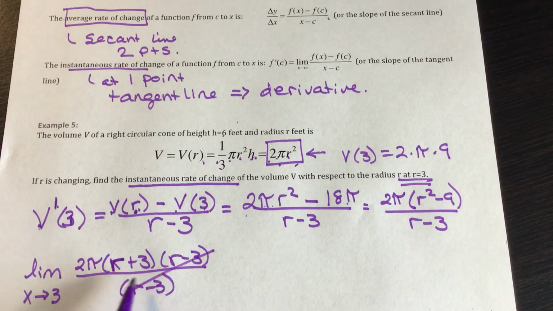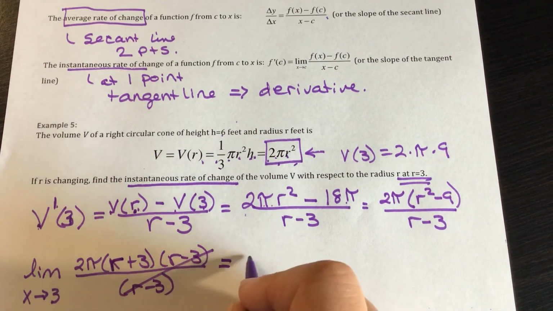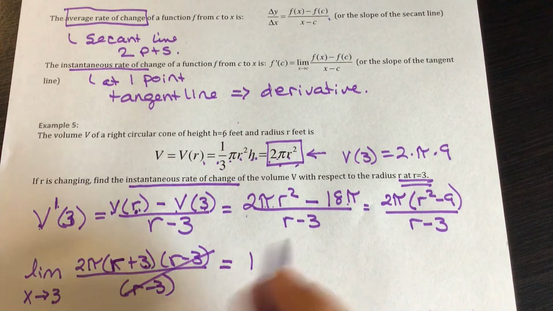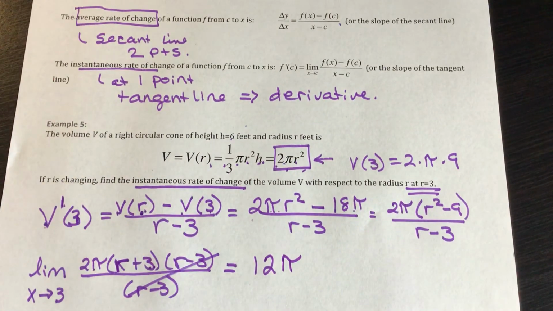And now if I just plug in 3 here, I have 3 plus 3 is 6 times 2 is 12 pi. Whoops, I first said 18 pi, but that didn't sound right. So I have 12 pi. So what that means is when the radius is 3, the volume is changing by 12 pi.